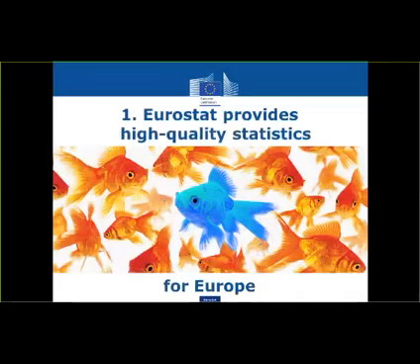So just to remember, as a source, provider, so Eurostat, the statistical office, we provide high quality statistics, which means that it's more than open data. It's statistics that we produce according to specific principles and methodology in order to ensure their quality. And they are for Europe.